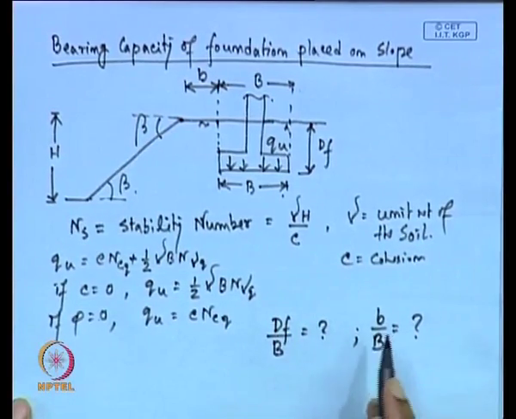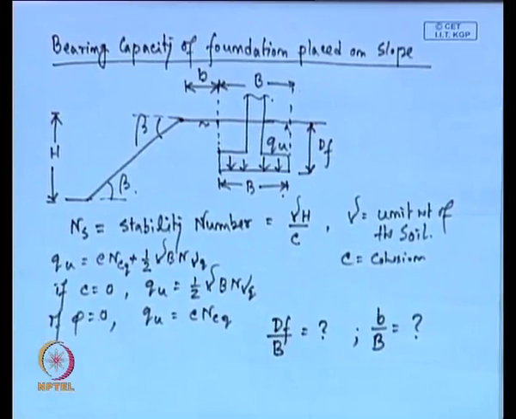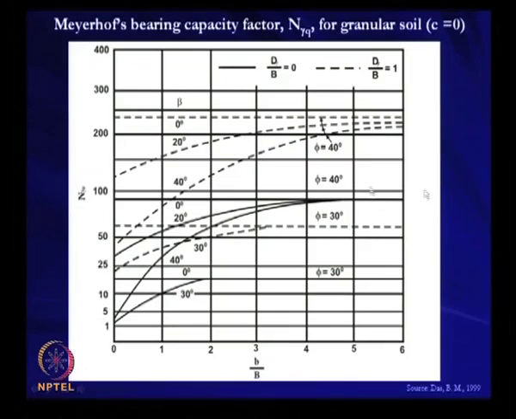If we know these parameters, then we can use this chart. These are the two different conditions, one for C equal to 0 and N gamma Q, and another for phi equal to 0.